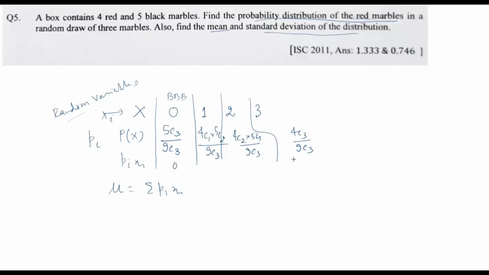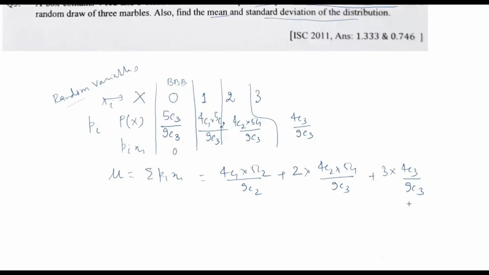I need to calculate the others. So this will be 4C1 into 5C2 divided by 9C3 plus 2 times 4C2 into 5C1 divided by 9C3, and then lastly 3 into 4C3 upon 9C3.